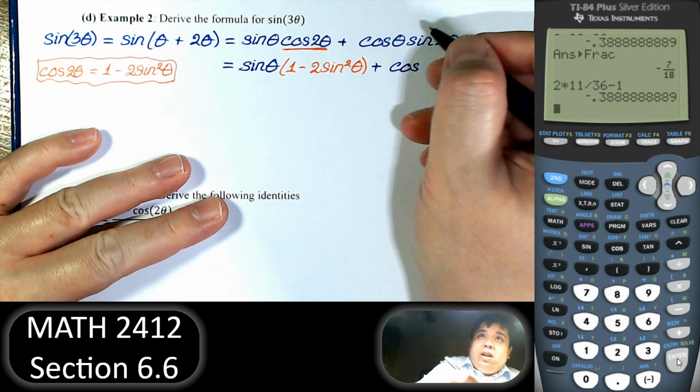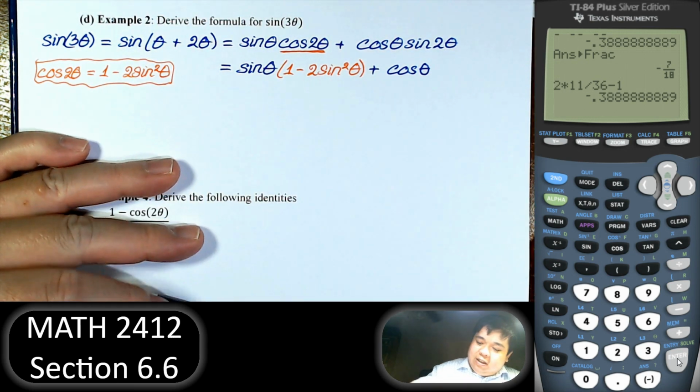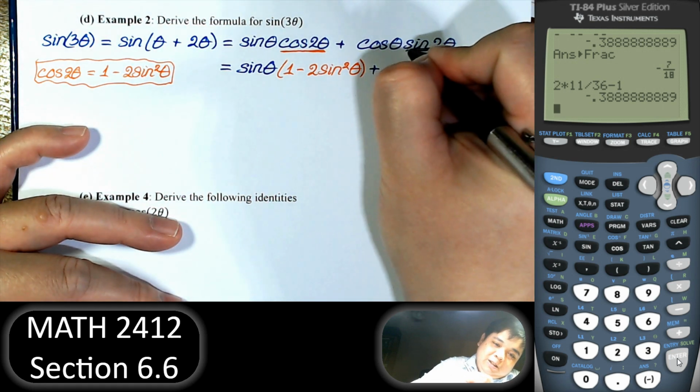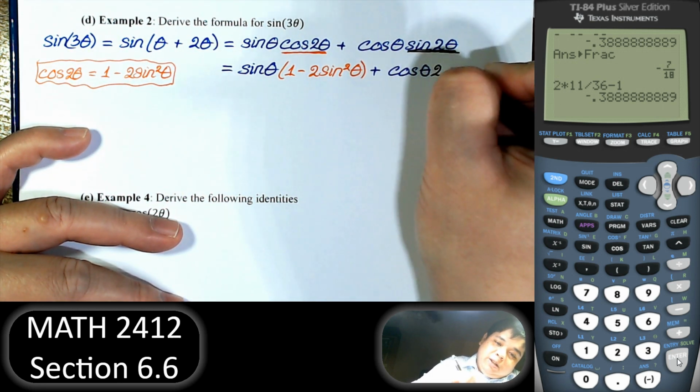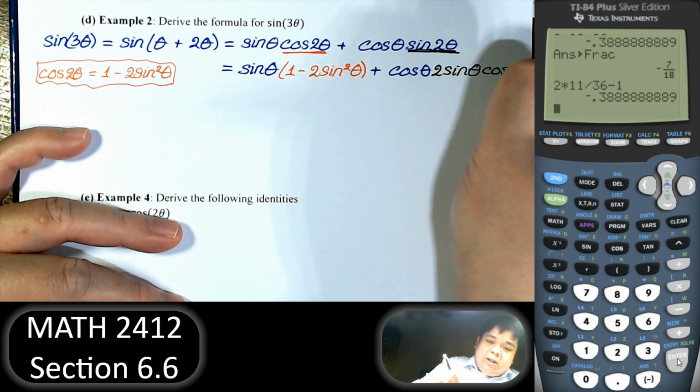And sine 2 theta, there's only one option for that. It's a double angle, 2 sine theta cosine theta.